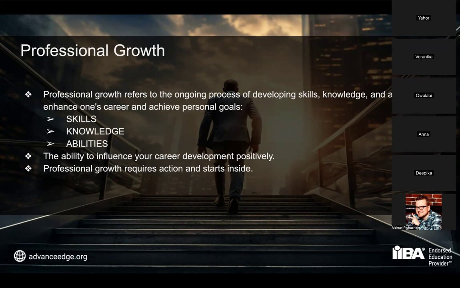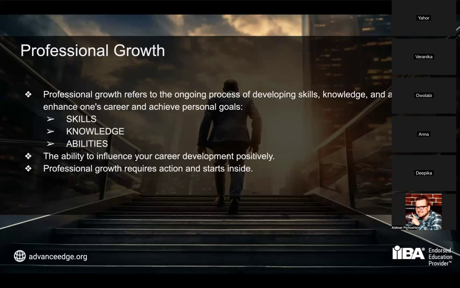Some skills will be improved from practice, from getting certain tasks done at work, but education should also be continued. Professional growth is the sum of the skills, knowledge, and abilities that you possess and continuously develop. It is also about your ability, by developing your skills, both hard skills and soft skills, to influence your career positively.